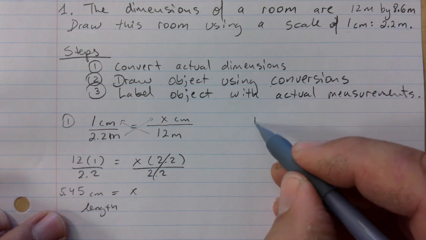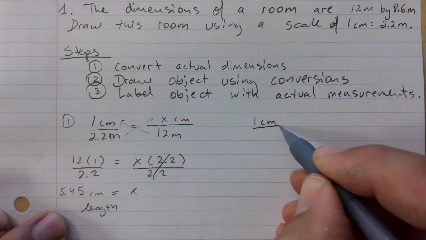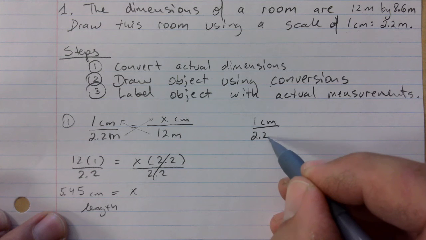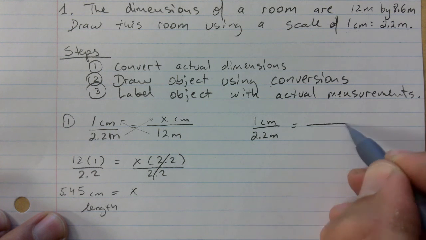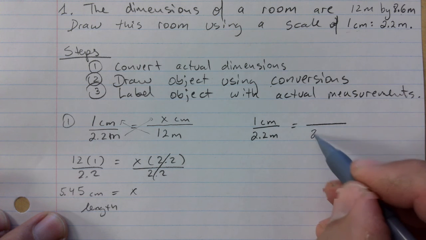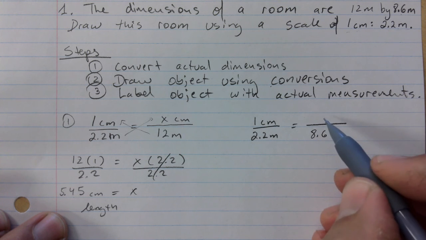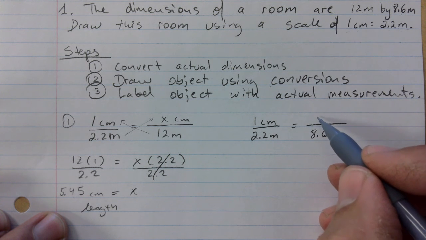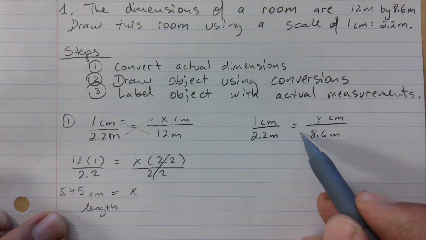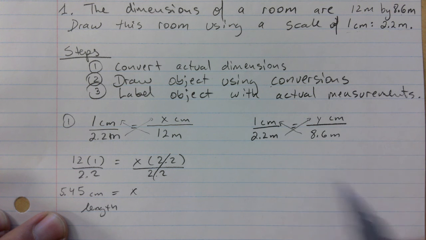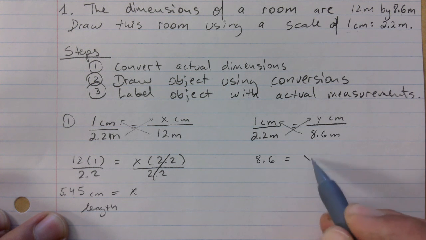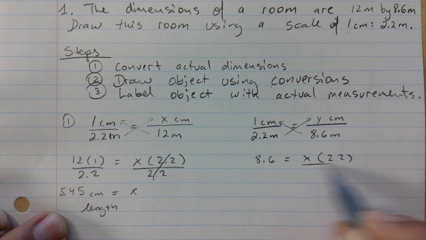And then we use the same scale, 1 centimeter is equal to 2.2 meters, to convert the width, which is 8.6 meters. So we're going to call this y in centimeters. Let's multiply like that. So it's really just 8.6 is equal to y times 2.2.